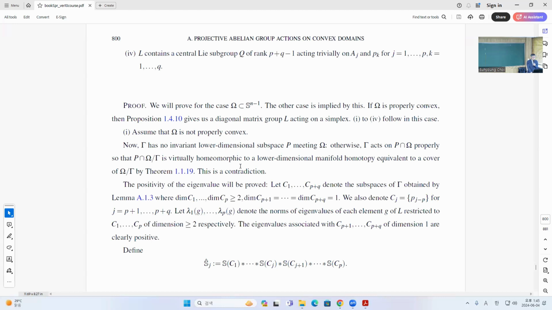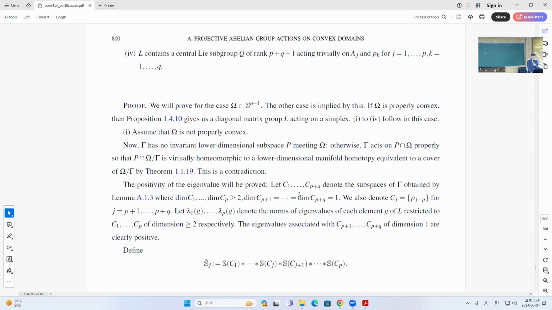So say omega is not properly convex, then also first we show that gamma has no invariant lower dimensional subspace meeting omega, since otherwise it acts properly, so that it is virtually homeomorphic to a lower dimensional manifold homotopy equivalent to a cover of this. So that's a contradiction. Okay. So there's no lower dimensional subspace meeting this in the interior. Okay. So the positivity will be proved.